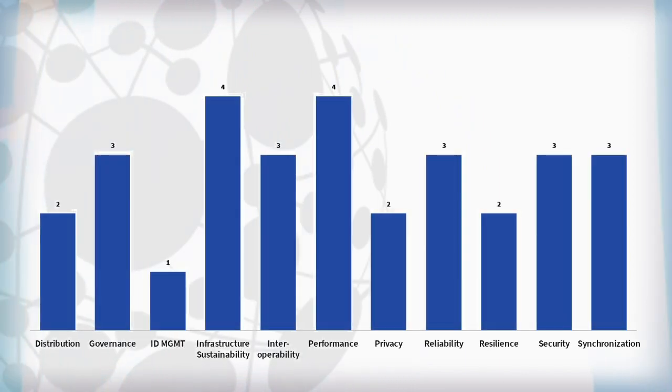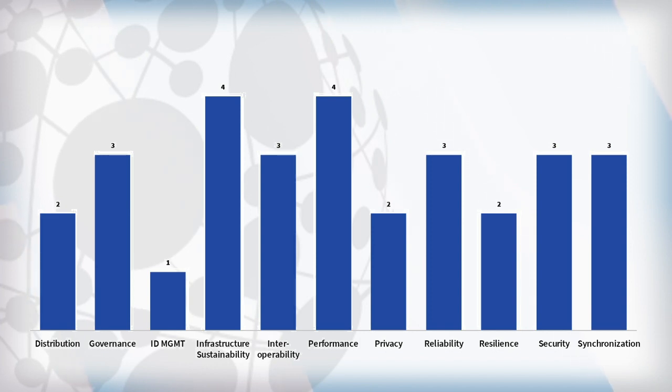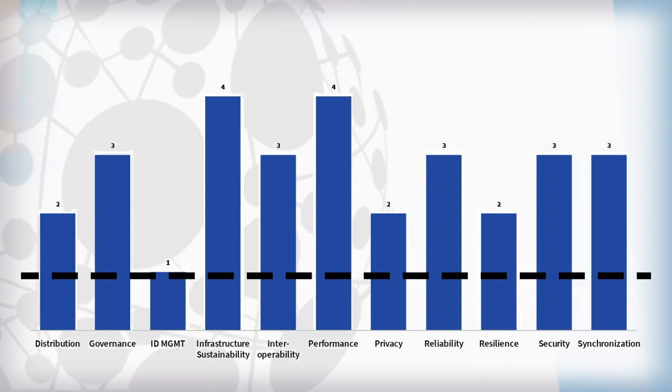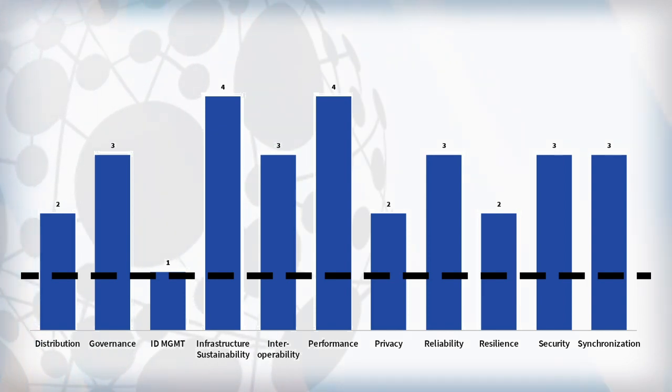Let's take a look at this bar graph, which represents the results of an element rating assessment for a blockchain solution, each at varying levels of maturity. You'll notice that the horizontal line goes across the lowest element rating, which represents the overall maturity level of the blockchain solution. In other words, the overall maturity of the solution is determined by the lowest individual element rating.